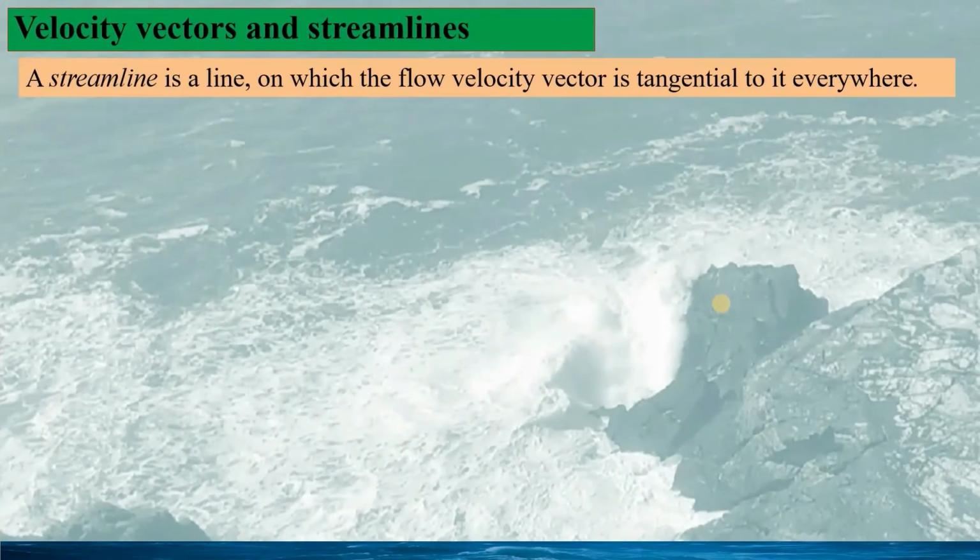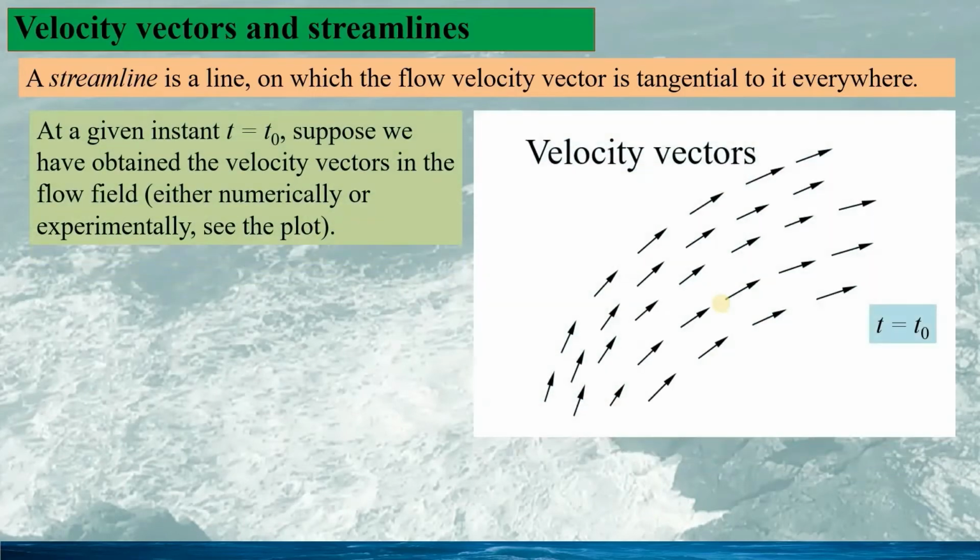In principle, a streamline is a line on which the fluid velocity vector is tangent to it everywhere. Suppose at a given instant t equaling to t0, we have the velocity vectors in the fluid field.